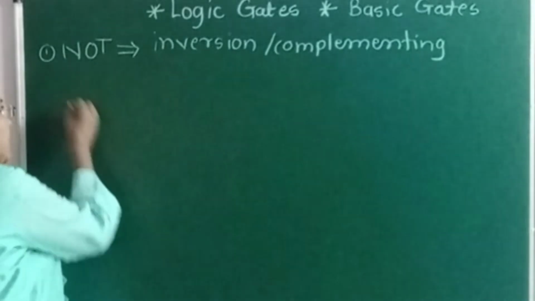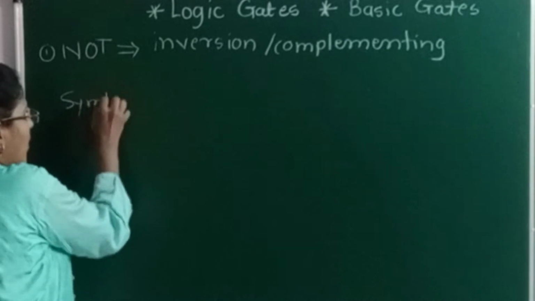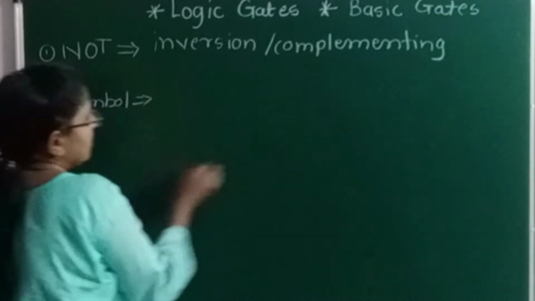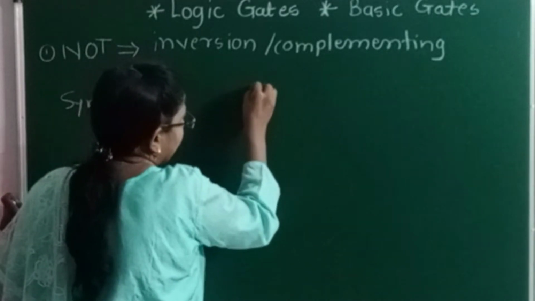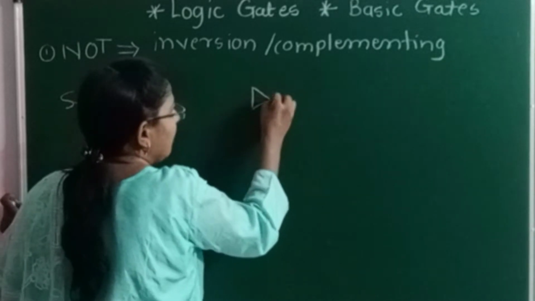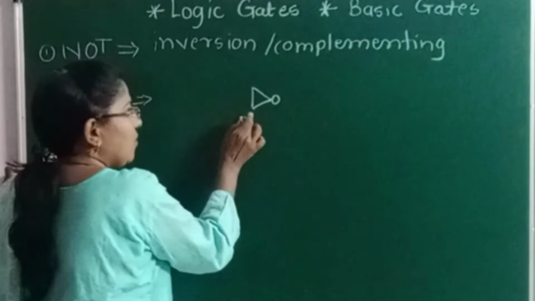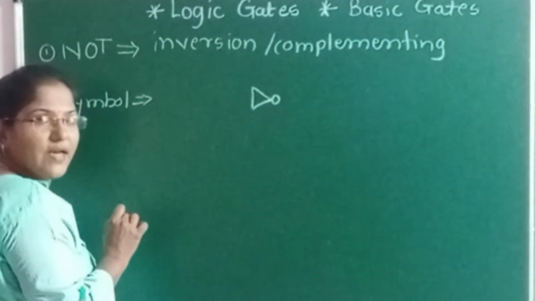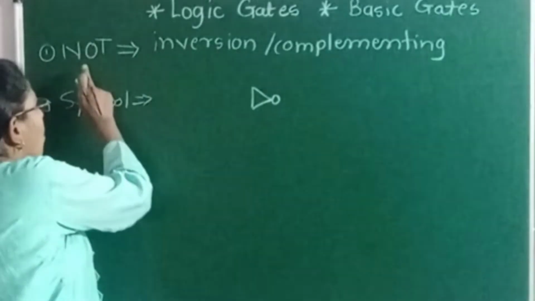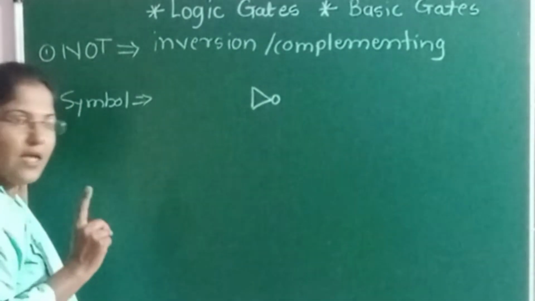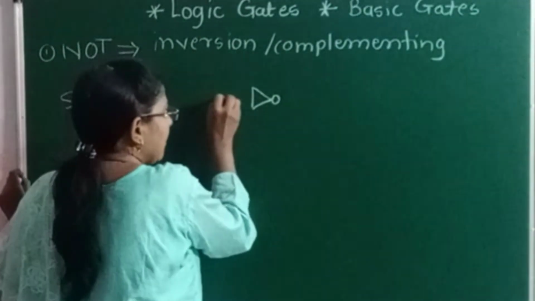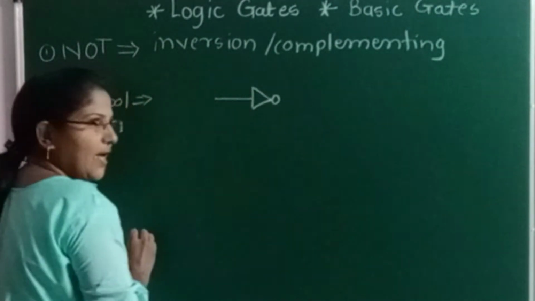Now the next one is the symbol of the NOT gate. The symbol of the NOT gate is a triangle like this, and then here a bubble. Now what is left here actually? Here we have to show the input lines as well as the output line. So NOT is a gate which takes a single input. So here I will show a single input line.